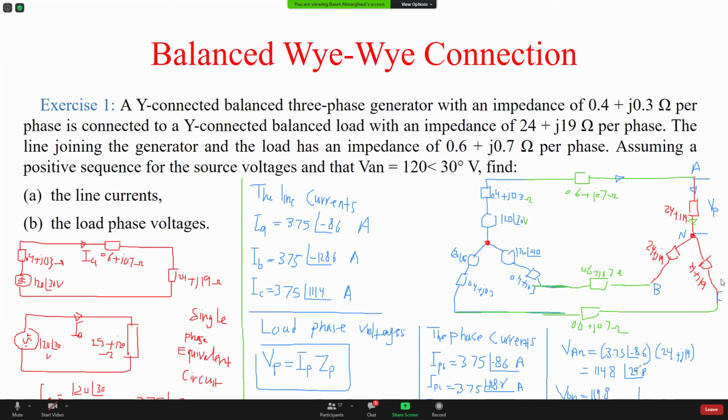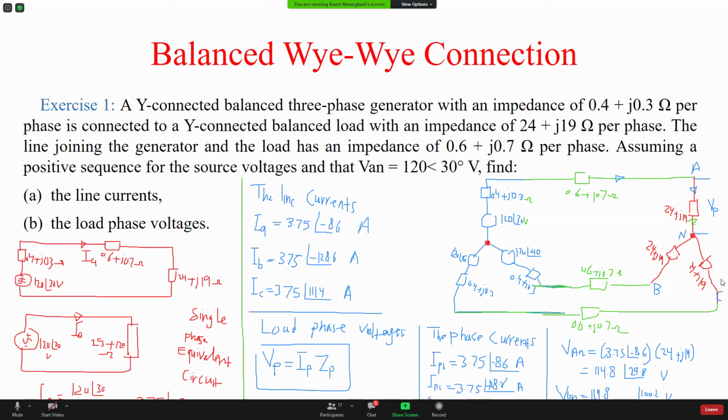So the angle here minus 120 is going to be about minus 90, plus 120 will be 149.8. Those are something to make sure to check.